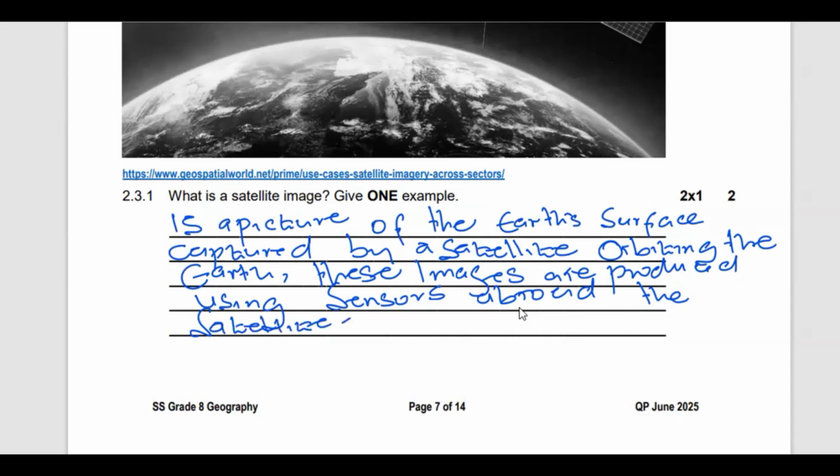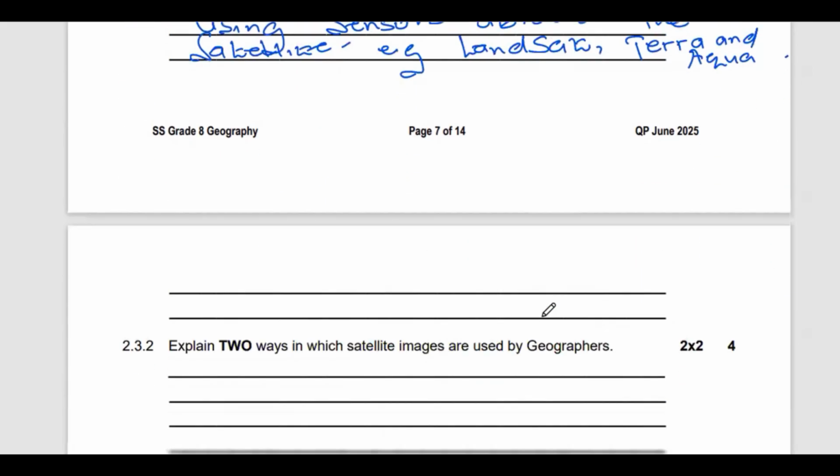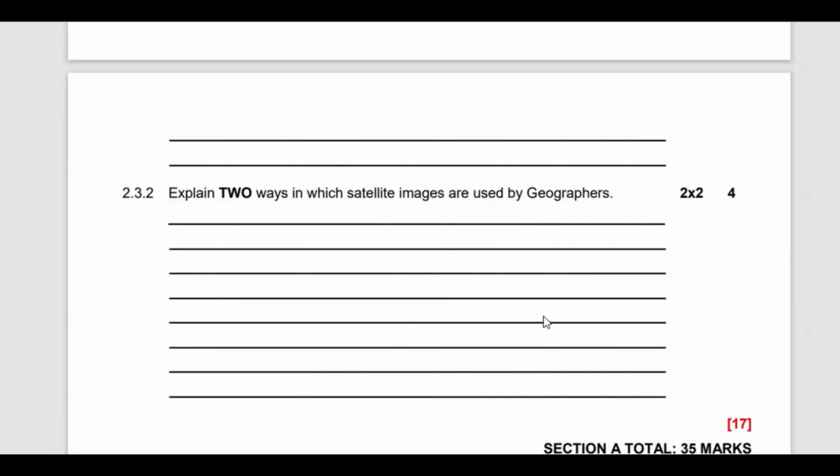For example, you can give the Landsat, you can give the Terra and Aqua. You can also give an example of Meteosat satellites.